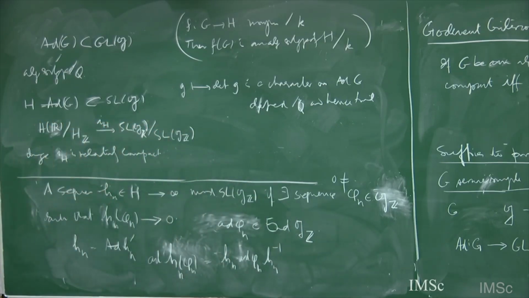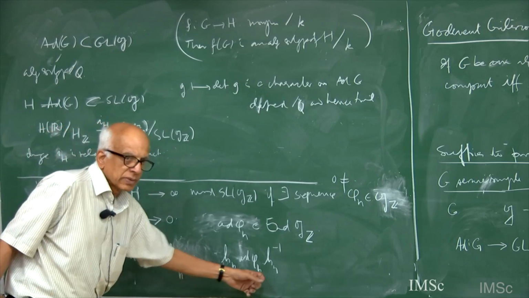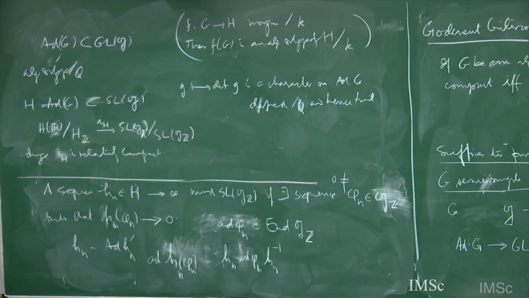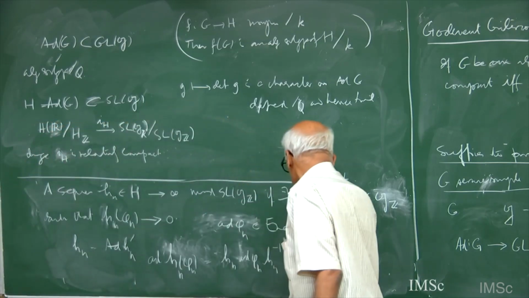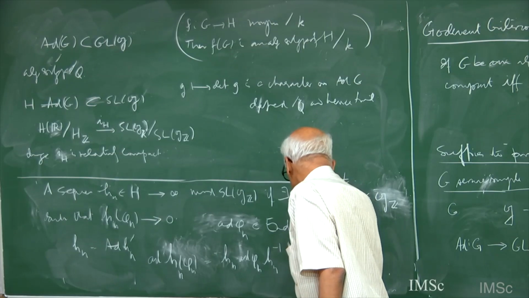That's essentially the definition of the adjoint representation. How does it operate? It operates by conjugation on the group and therefore on the induced map on the Lie algebra, which is also conjugation. So this is how it works: Hn ad phi n Hn inverse. So this we know tends to 0.